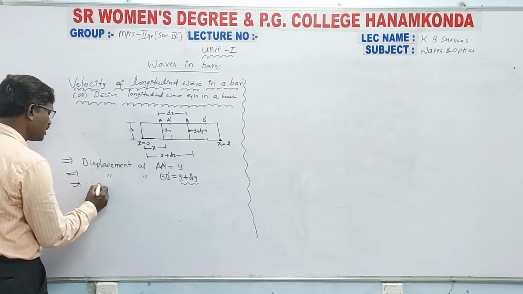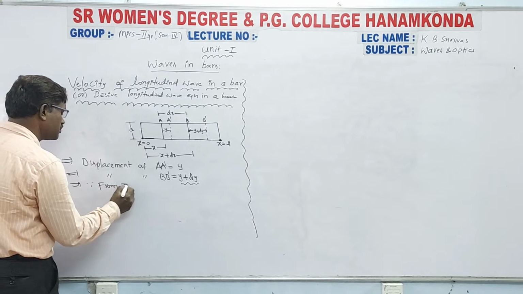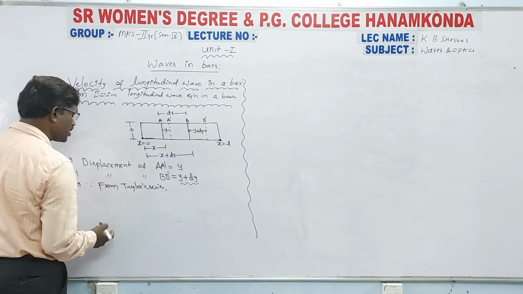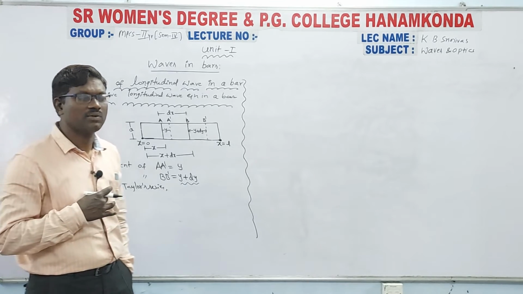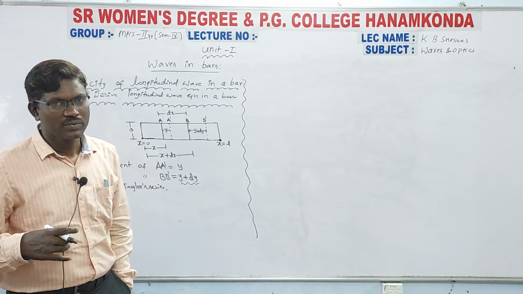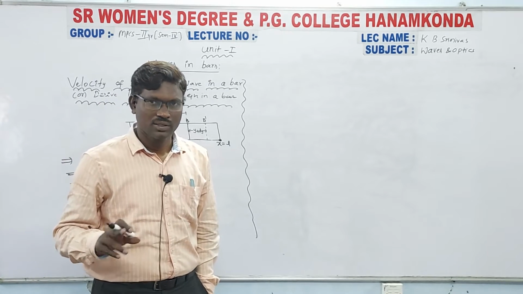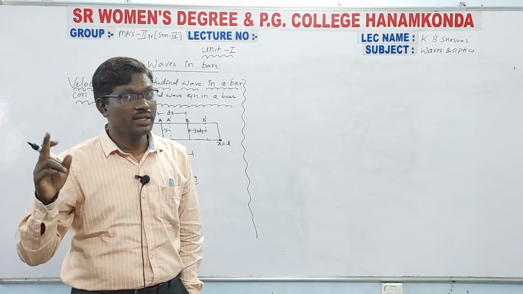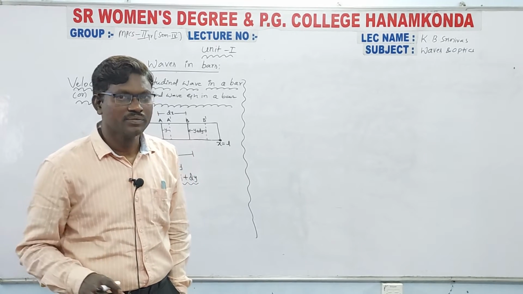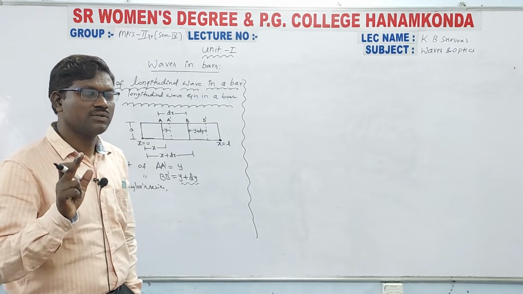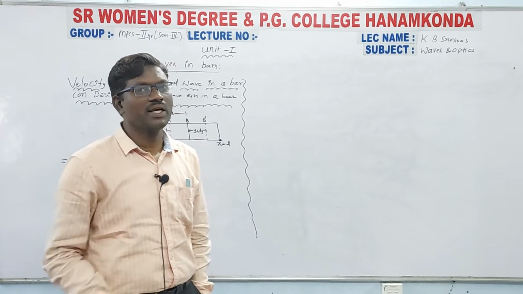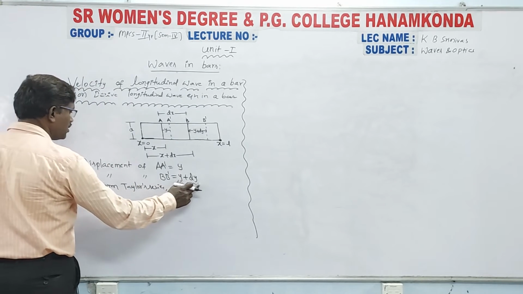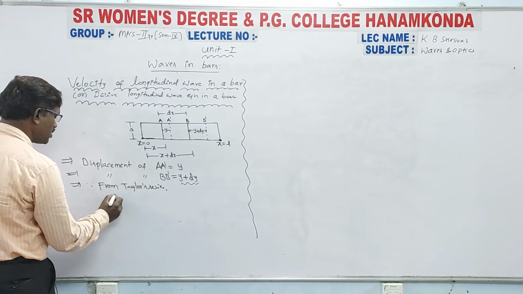From Taylor's series, f of x plus dx is equal to f of x plus f dash x dx, next f double dash x dx square by 2 factorial, like that. So, always in our physics we consider the first two terms of the expansion. So, I am going to use Taylor series here to find this expansion, that is y plus dy.